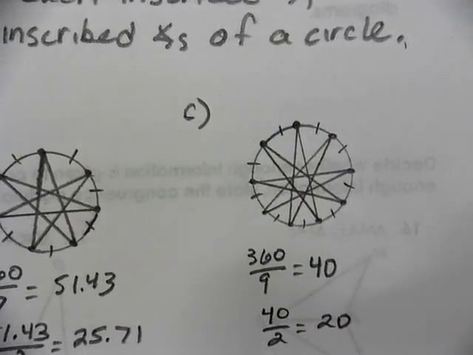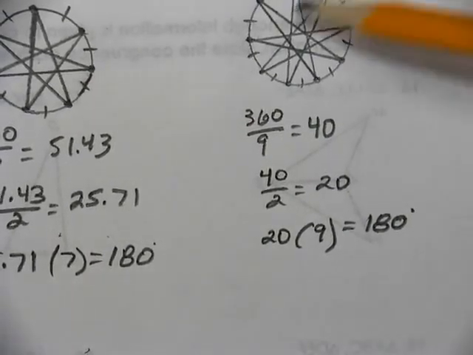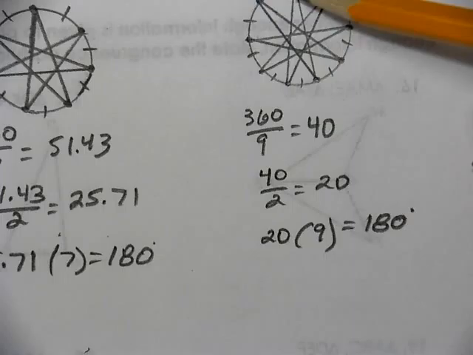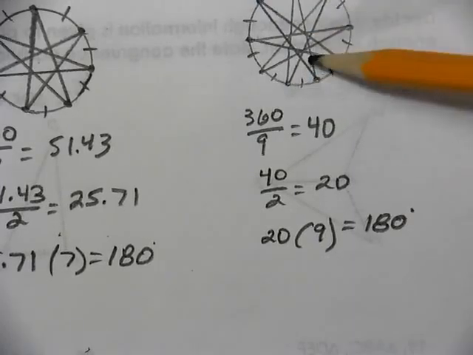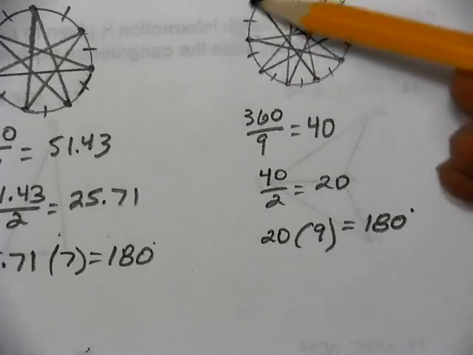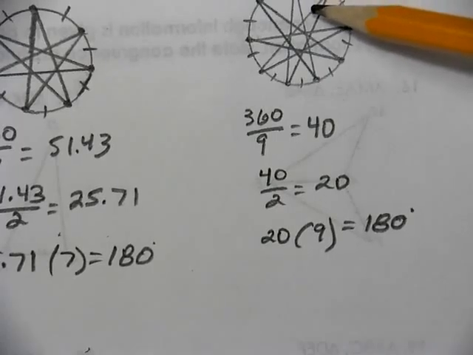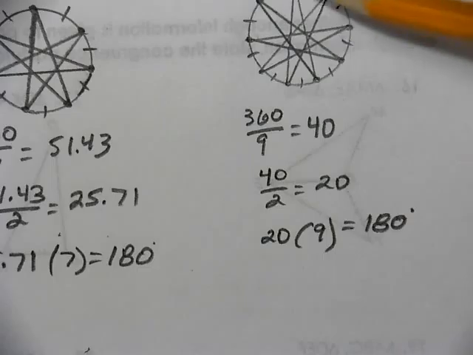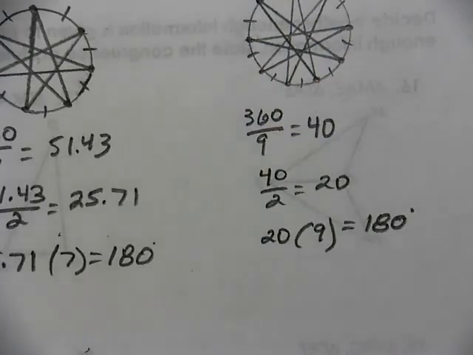And that value times all of the angles is going to come out to be exactly 180. Again, that's because each inscribed angle touches an arc. All of those are going to account for arcs of 360. Well, the inscribed angle is always half of the intercepted arc. So if 360 are all the arcs, 180 are all the angles.